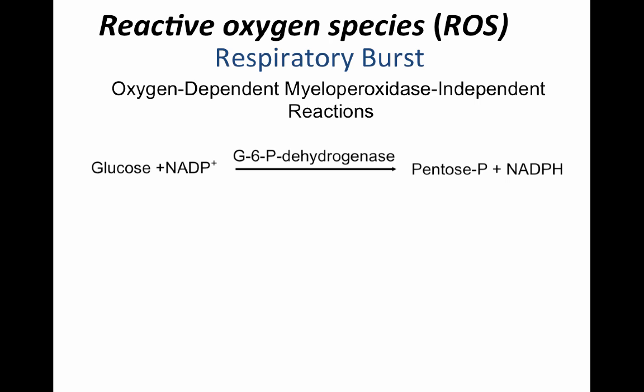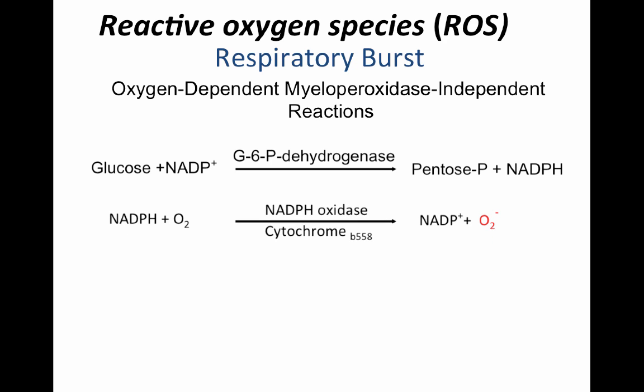In this case, we can see how glucose is interacting with NADP, a reaction that is catalyzed by glucose-6-phosphate dehydrogenase to generate pentose phosphate and NADPH. This NADPH is going to react with oxygen, a reaction mediated by NADPH oxidase and cytochrome b558, to generate NADP and superoxide anion.